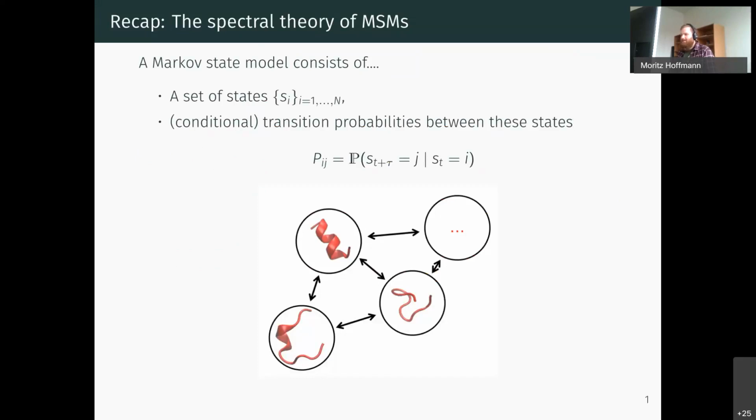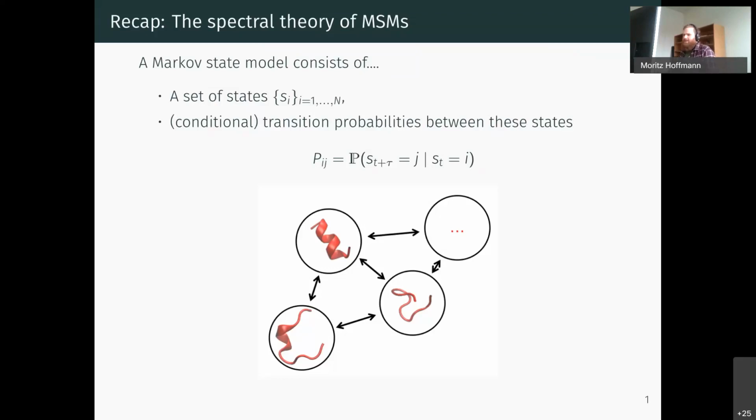There is a unifying theory of Markov state models, VAMP, TICA, VAMPnets, and even more methods from fluid dynamics. We'll see that tomorrow in more detail, but for now, let's just recap a little bit the theory of MSM. So what is an MSM?